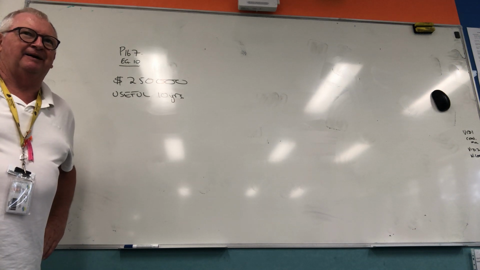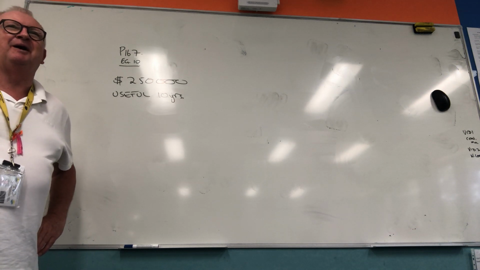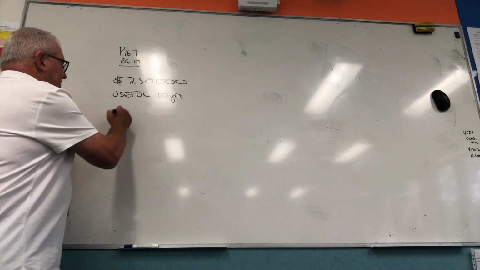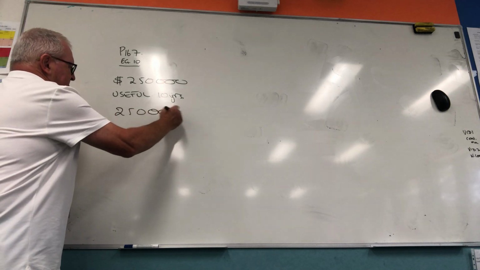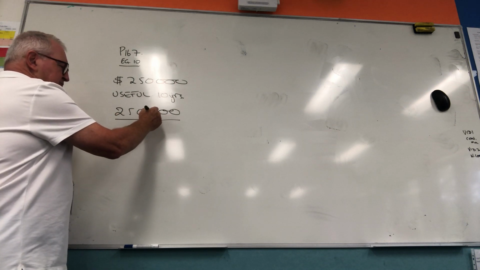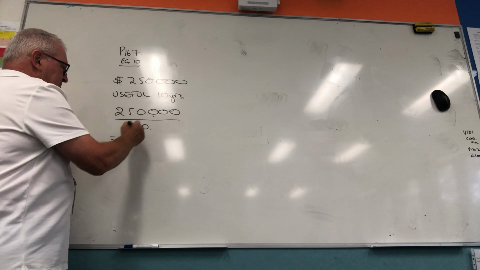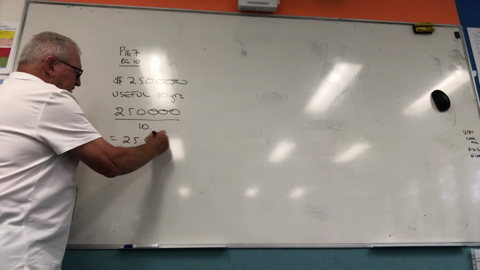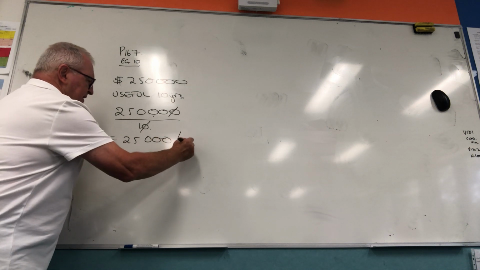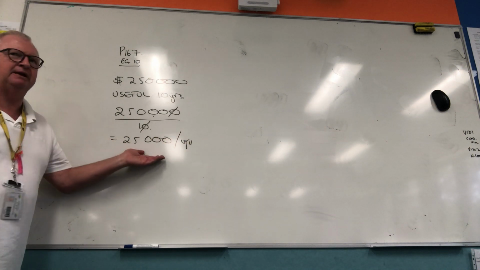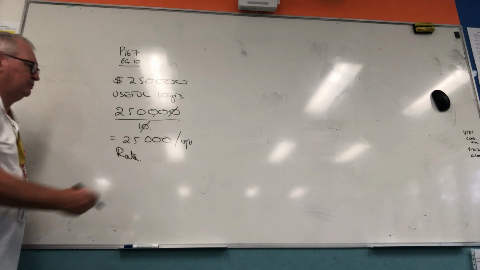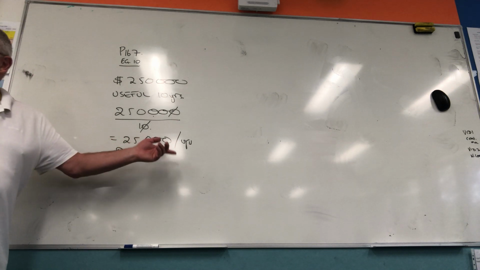You divide the original cost by the number of years. So that works out to 25,000 per year. Now, is everyone happy? That is called a rate, 25,000 per year.